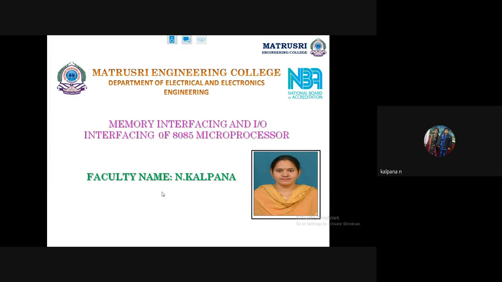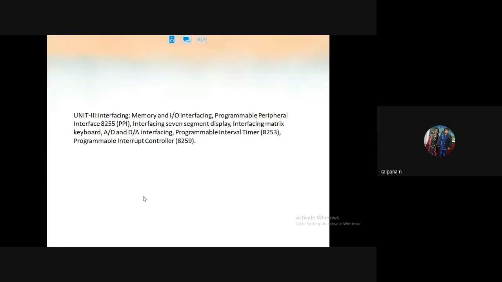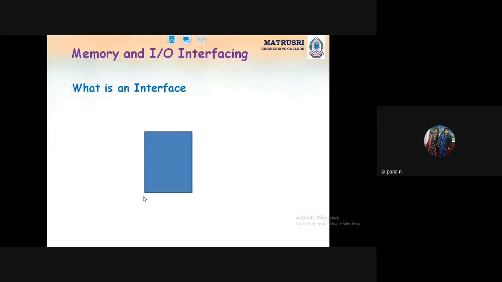So what is a microprocessor basically? What is the definition? CPU on a single chip. CPU on a single chip means like a brain.